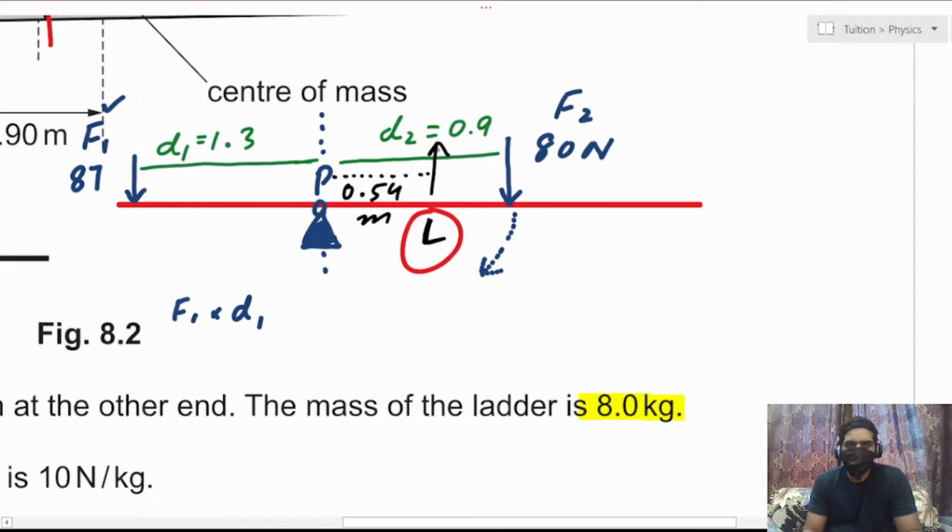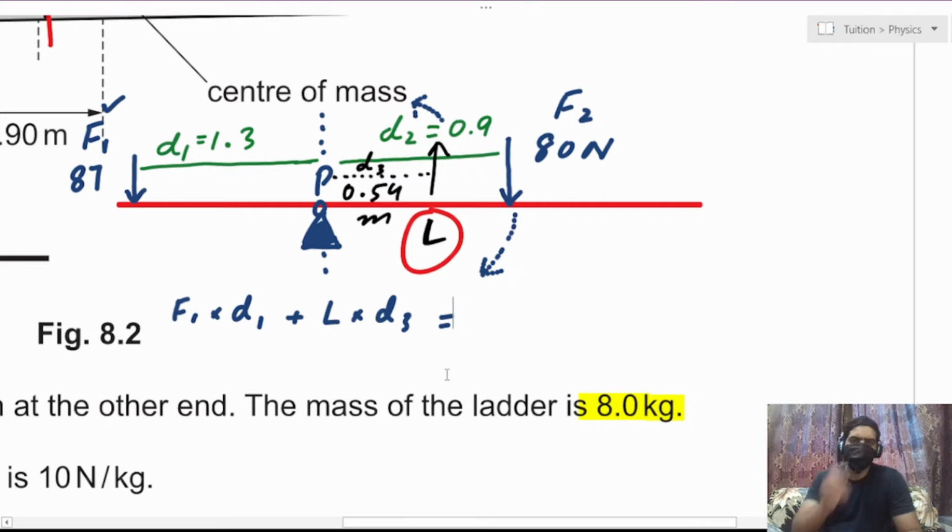But for the force L, it is upward from the right side, so it would also produce anticlockwise moment. So we add it on the left side: L into the distance of that force from the pivot. Let's call it D3. We can call this distance D3.